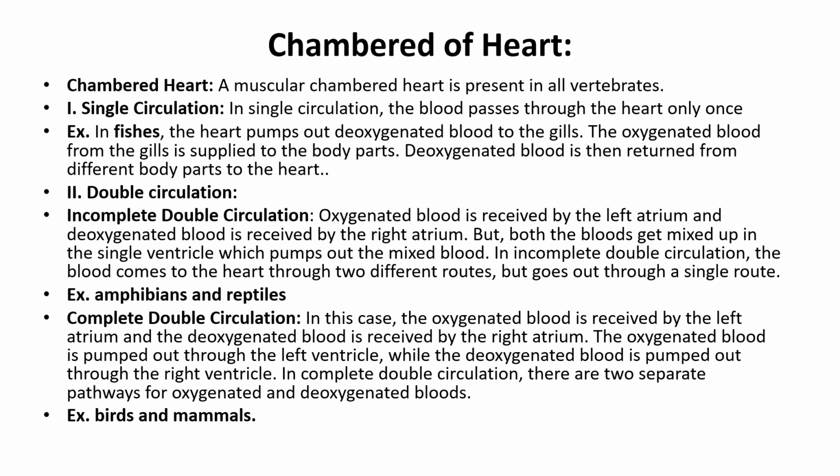Example, amphibians and reptiles. In complete double circulation, oxygenated blood is received by the left atrium, deoxygenated blood is received by the right atrium, oxygenated blood is pumped out through the left ventricle, and deoxygenated blood is pumped out through the right ventricle. There are two separate pathways for oxygenated and deoxygenated blood, and there are two ventricles. Example, birds and mammals.